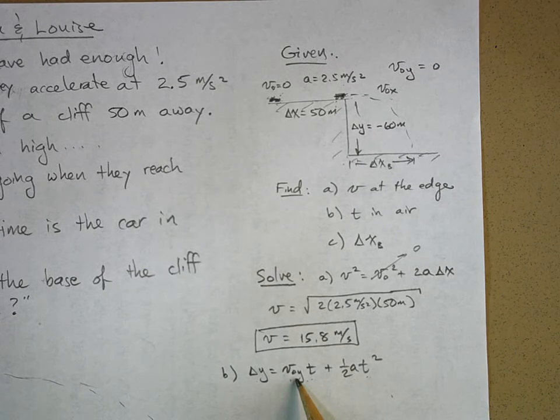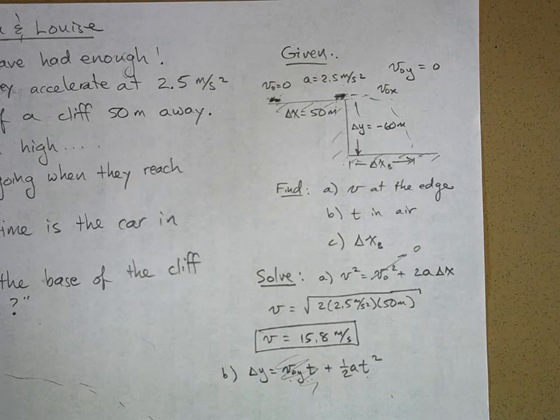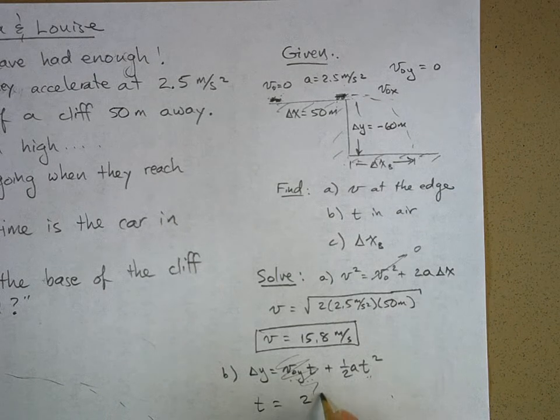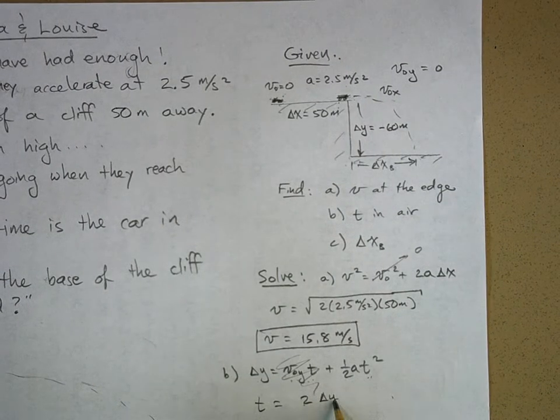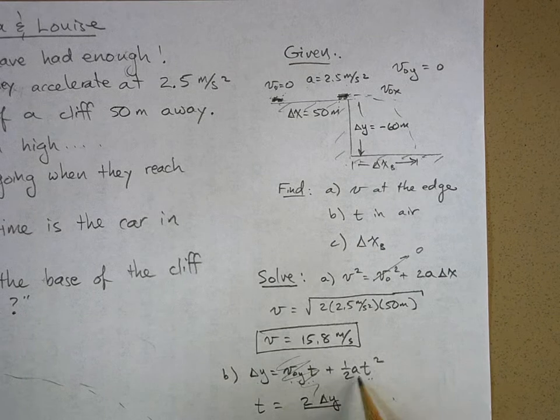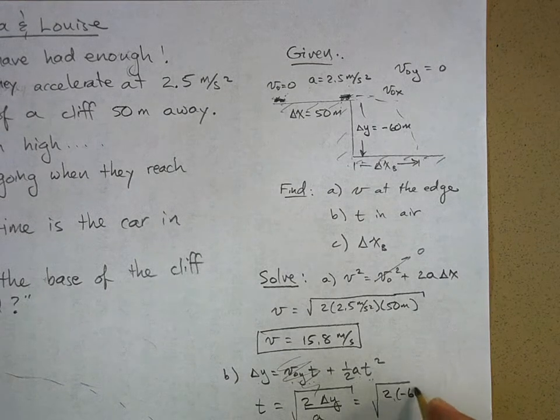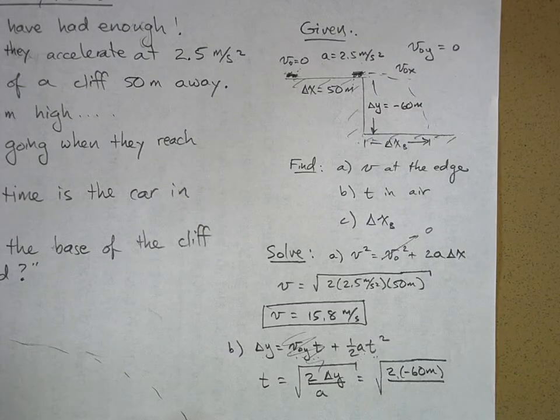Now, the initial velocity in the y direction is 0, so this whole term goes away. And now I can solve for time by multiplying both sides by 2. So 2 times delta y divided by the acceleration, and then I got to take the square root.